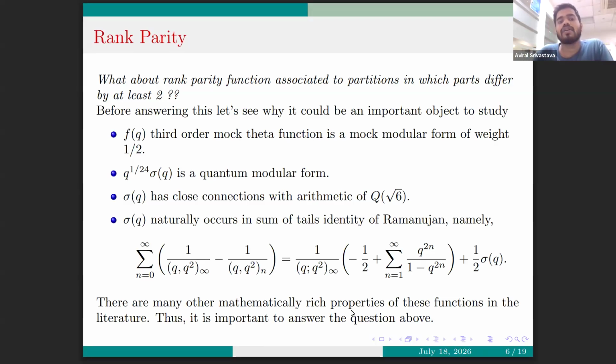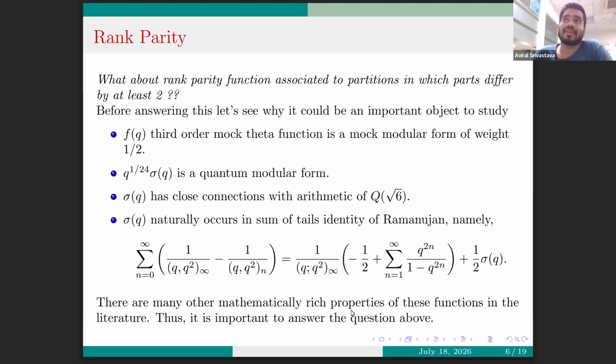As I mentioned, the third order mock theta function is a mock modular form of weight half, and the sigma function, which was the rank parity function for distinct parts, is actually a quantum modular form. A quantum modular form is kind of weakly a modular form where the modular transformation difference is not exactly 0, but a nicely behaved continuous analytic function.